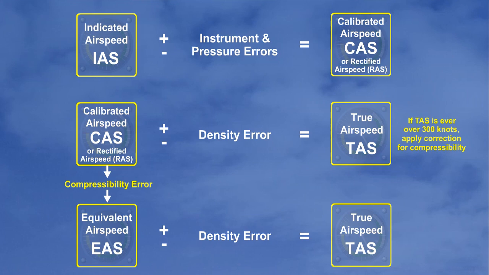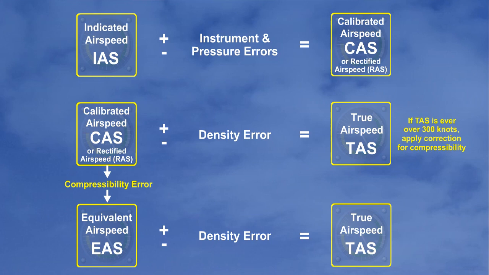Air is compressible, and at high speeds the air compresses when brought to rest in a pitot pressure system. Consequently, the pressure sensed will be artificially high, which will cause the ASI to overread.